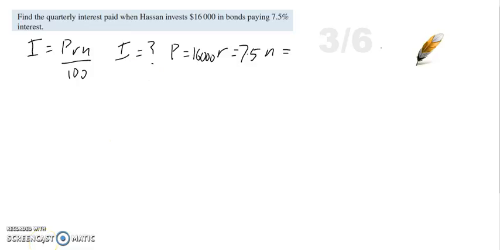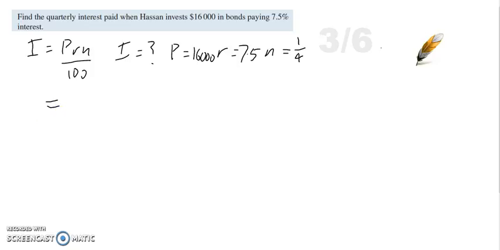When it says quarterly interest paid, our time frame isn't a whole year. So we have to do it as a fraction of a year. So therefore, quarterly means 1 quarter of a year. As another example, if it said monthly, you would write in 1 over 12. If it said daily, you would write 1 over 365.